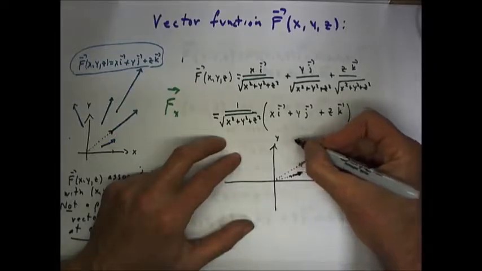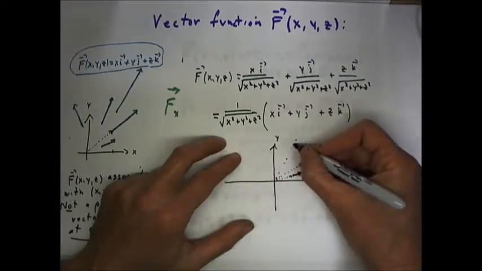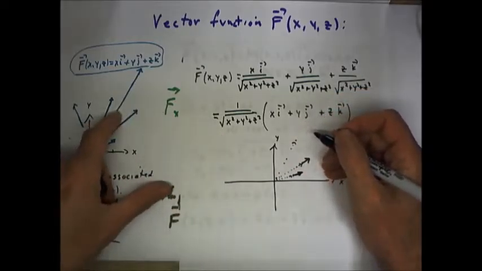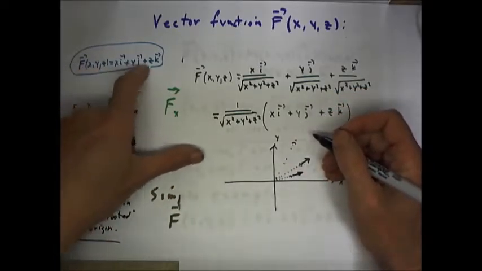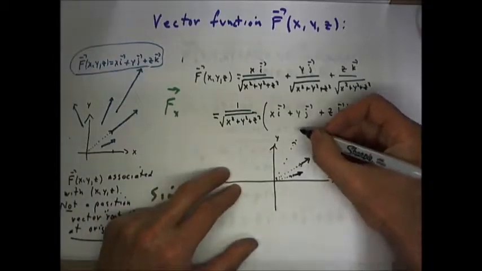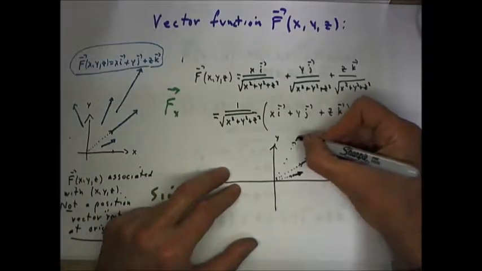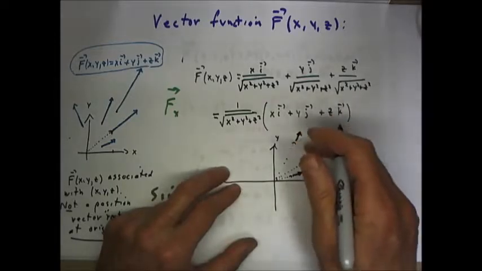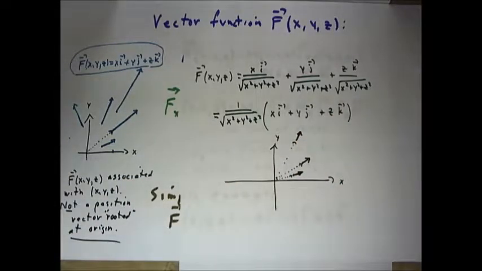And if we have a vector way out here whose position vector would be bigger than either of these, and whose vector in this example would therefore be greater, that unit vector is going to be of the same magnitude as all these other vectors.